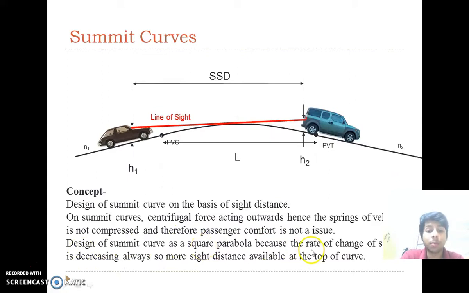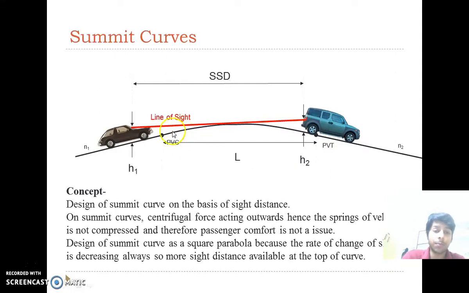So we design the summit curve as a square parabola, because the rate of change of slope is always decreasing, so more sight distance is available on the top of the curve. You can see that we provide this curve as a parabola. On the top of the curve there is more sight distance available as compared to the downward part of the road.